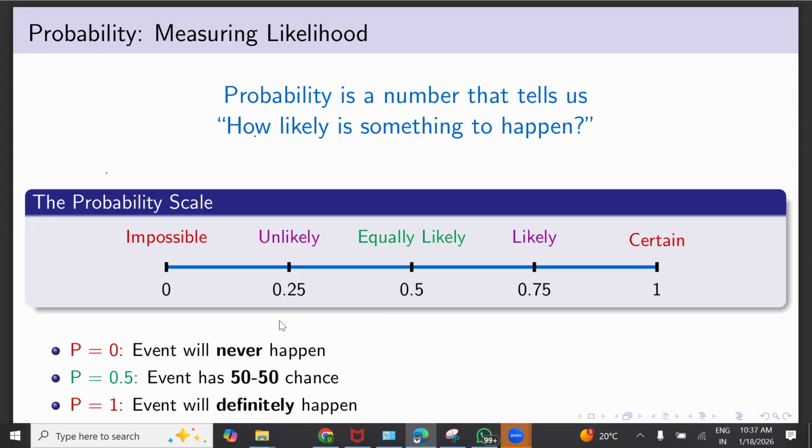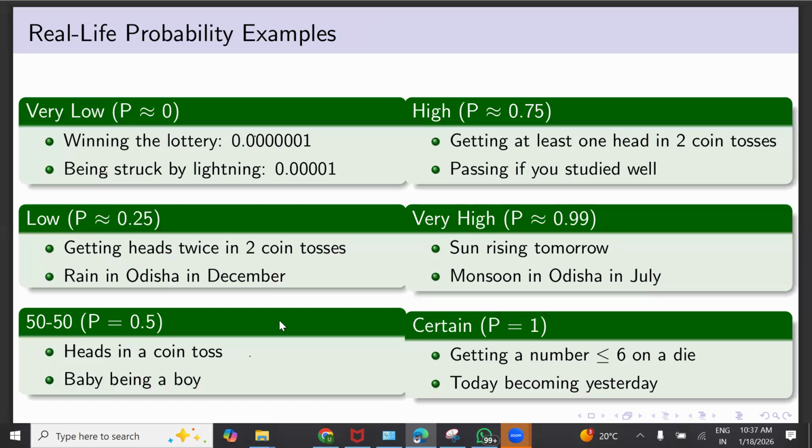Equally likely, 0.5. It means the event has a 50-50 chance. Then likely, so it is 0.75. Almost certain, when the event will definitely happen, that is probability equal to 1.